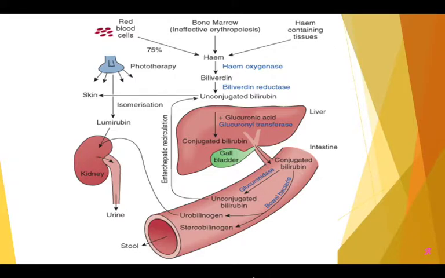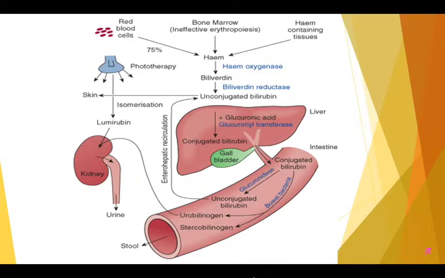The intestinal bacteria will convert the conjugated bilirubin into urobilinogen, which is reabsorbed from the intestinal mucosa, enters the kidney, and from there is excreted through the urine. That is the second fate of conjugated bilirubin.